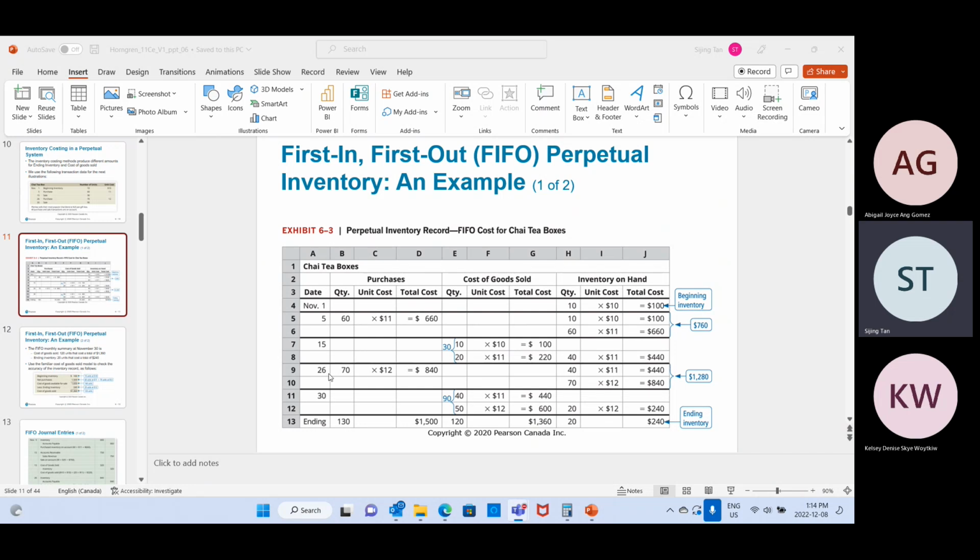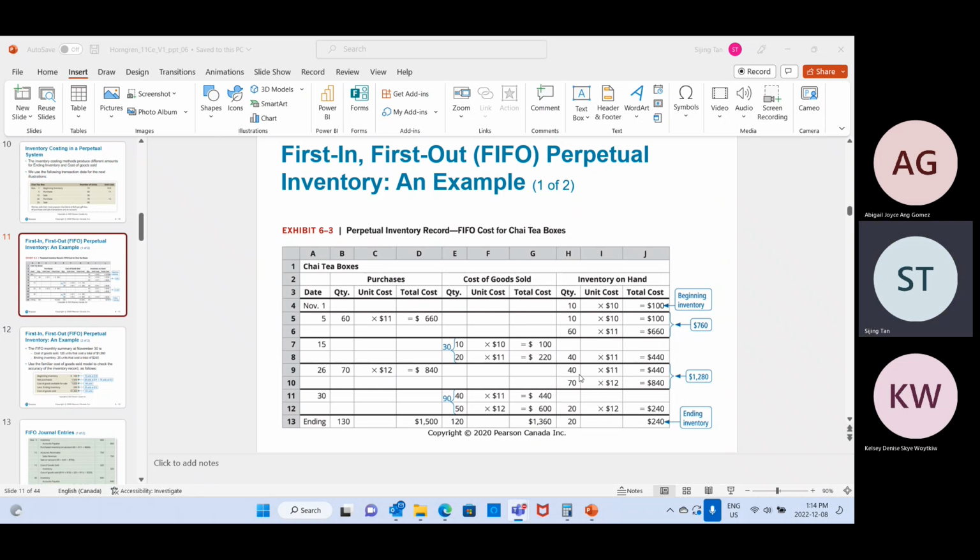Now, November 26th, we purchased 70 more boxes at $12 per box, and the total cost is $840. Then the total boxes we have is 110 boxes. Then at the end of November, we're going to sell 90 boxes.